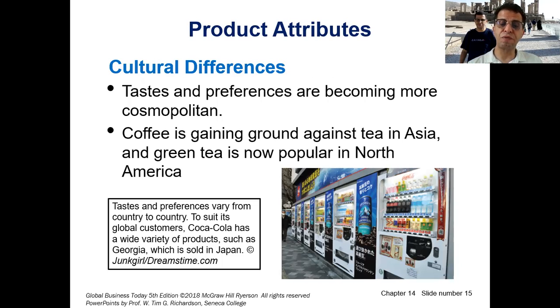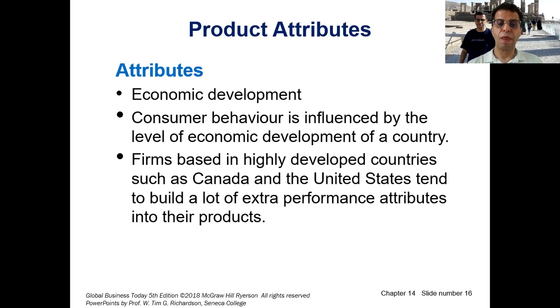So there are some differences happening, but not suddenly. The taste and preference vary from country to country, to suit its global customer. For example, Coca-Cola has a wide variety of products such as Georgia, which is sold in Japan, for example. But it's different in different countries.